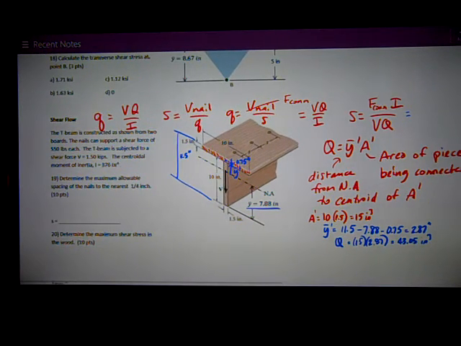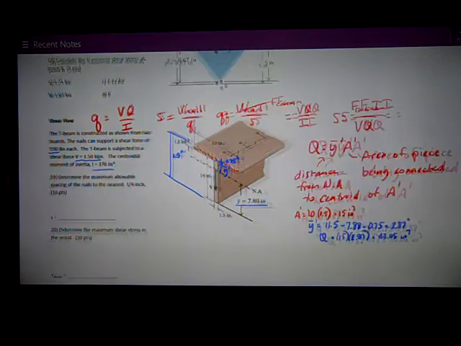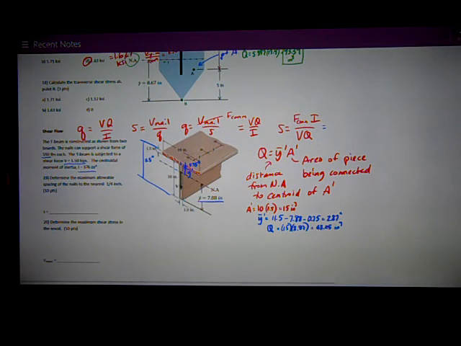Back in, let's review the problem. I got each nail can support a shear force of 550 pounds. The shear force on the beam is 1.5 kips, and the centroidal moment of inertia, I, is 376. So I need all those numbers. So the force per connector is 550 pounds.